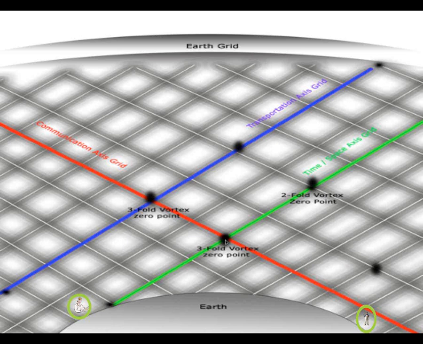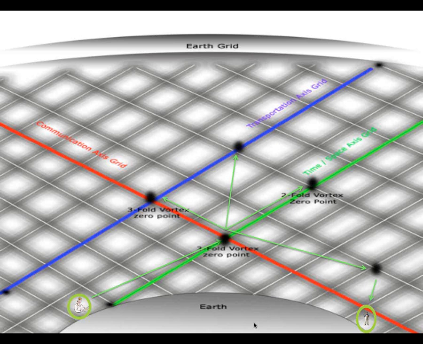All of the other 0 points line up automatically, and you can connect to any point, any place on the planet just by doing that. So you point yourself in the first 0 point, and all of the 0 points line up, and you have instant connection with your client.